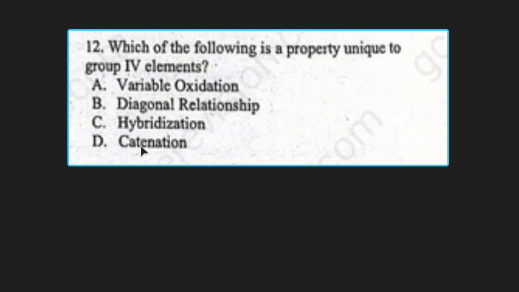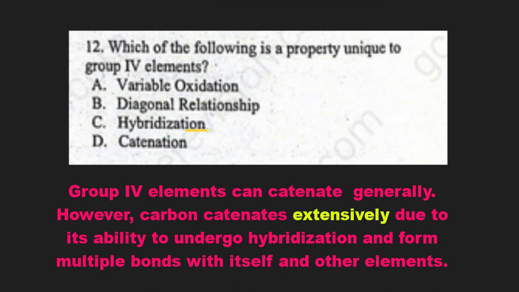So the only difference between the catenation in carbon and in the other group 4 elements is that carbon can catenate extensively, unlike the others which can only catenate mildly. Carbon can do so because of its ability to undergo hybridization. So it can form triple, single, and in fact multiple bonds.